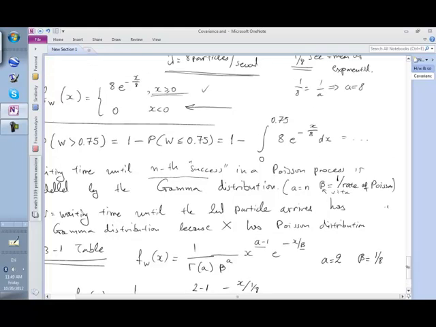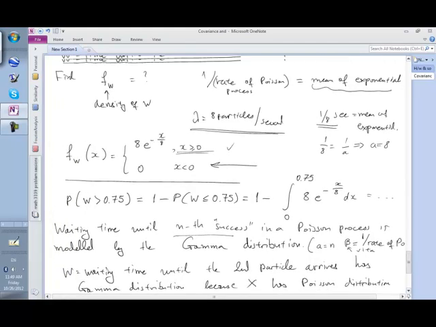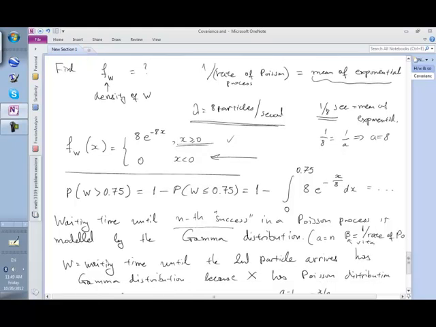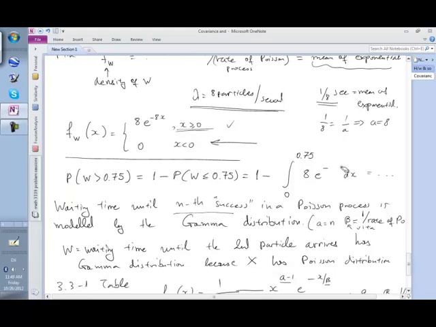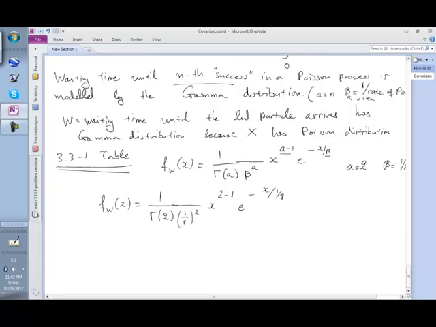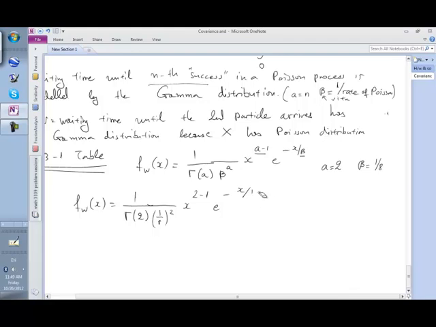I think I made a mistake in the previous problem, so let me correct it. The rate was 8, therefore I should have had 8x, not 1/8. In the exponential and the gamma, these should be the same. So this should be 8 times x, yeah, here I wrote it nicely.